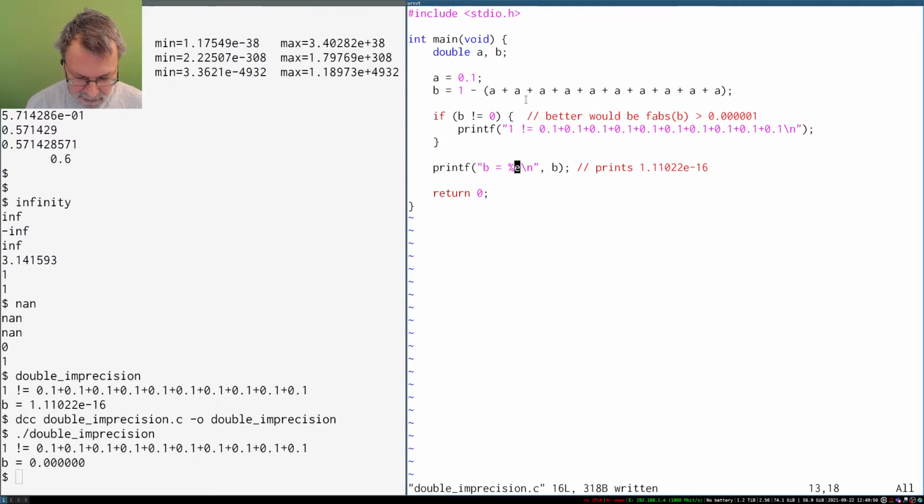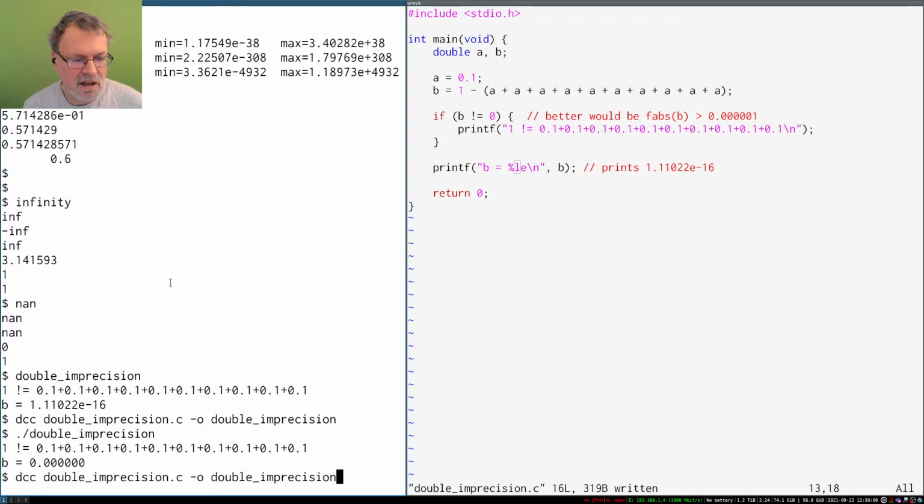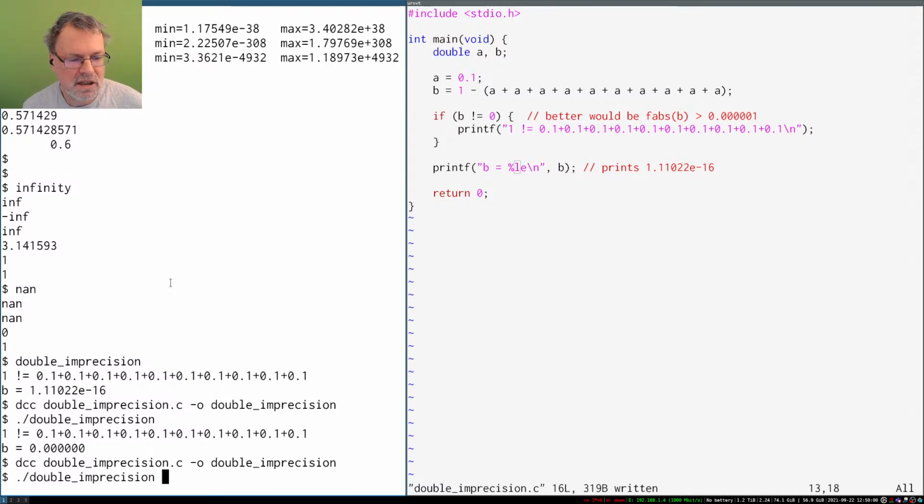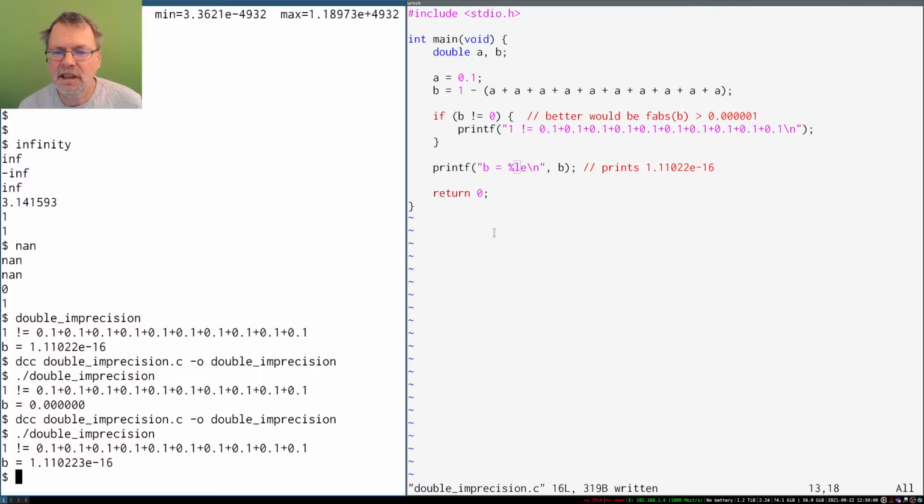So if I say %le, I'll get it printed out more usefully. And you'll remember, g just makes a choice between printing it out in scientific notation or with a regular decimal point, and it decides which is best. And because it's a very small value, it'll decide scientific notation is the nice way to print it here.